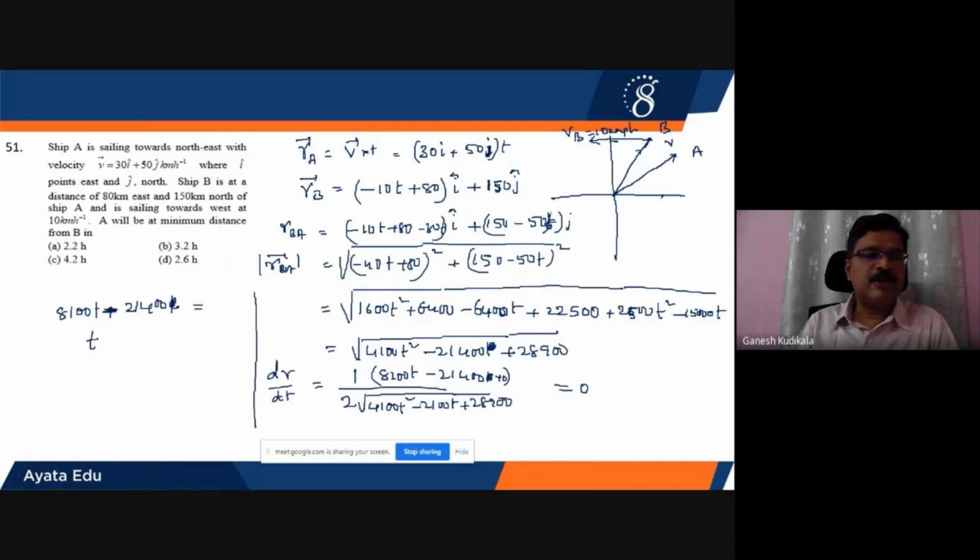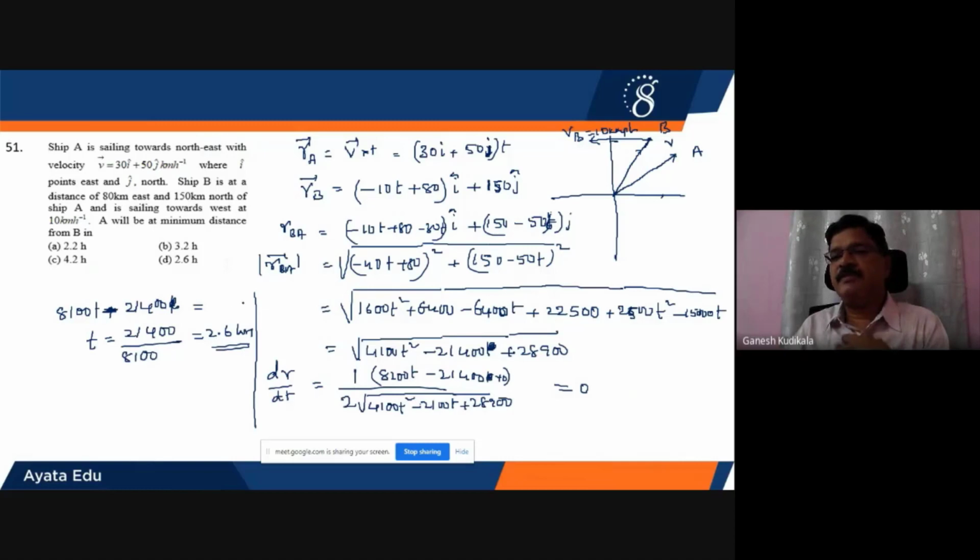Therefore from this relation, t will be equal to 21,400 divided by 8,200, which gives you 2.6 hours. Therefore, after 2.6 hours, the distance between the first ship and second ship will become minimum.